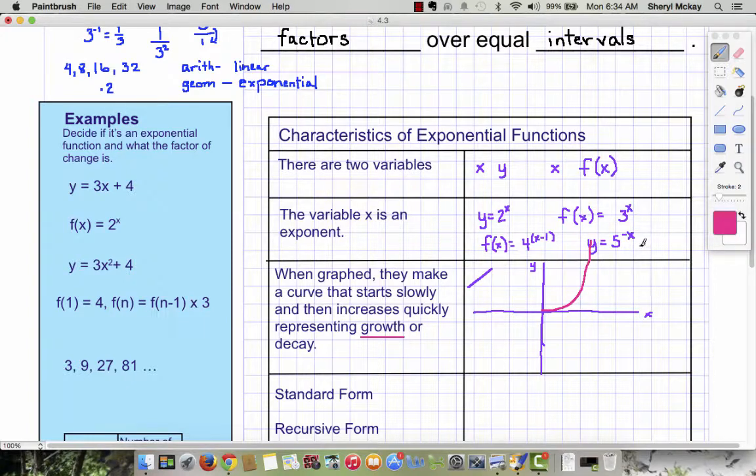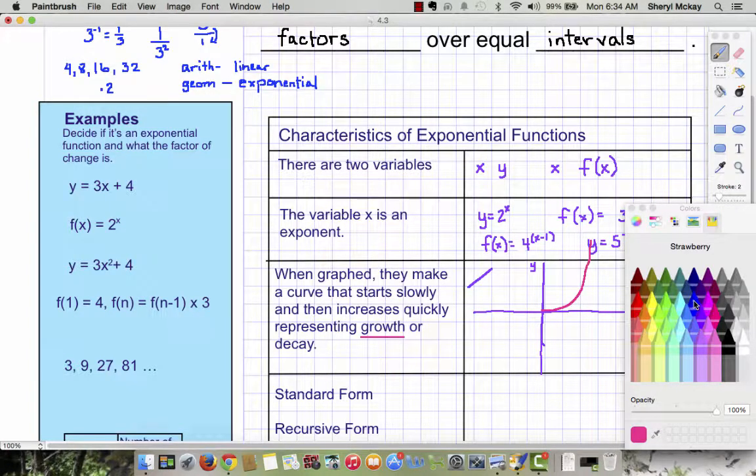But there's another kind. It's called exponential decay. And that starts off at the top, starts off here, and comes down like this and approaches 0 like that. And that's called exponential decay. All right?